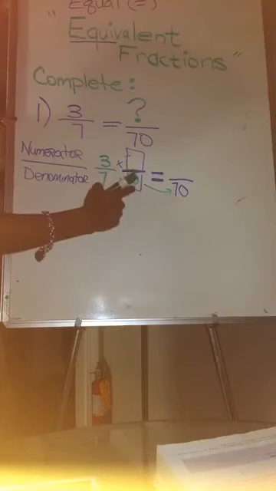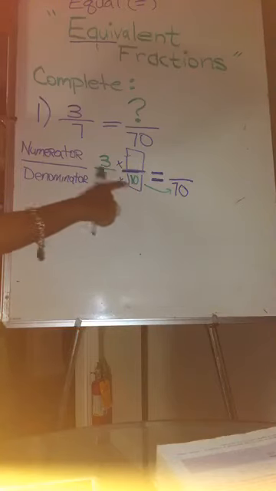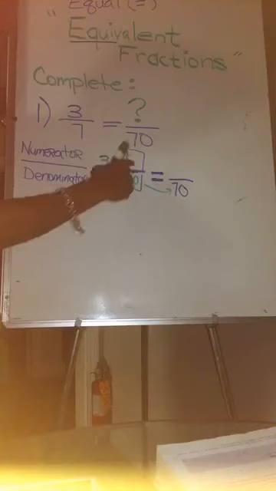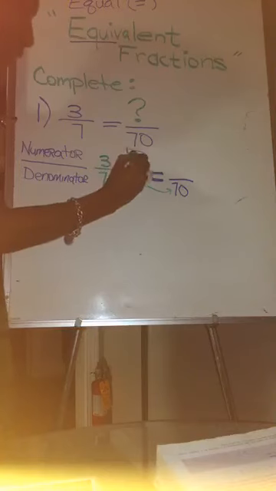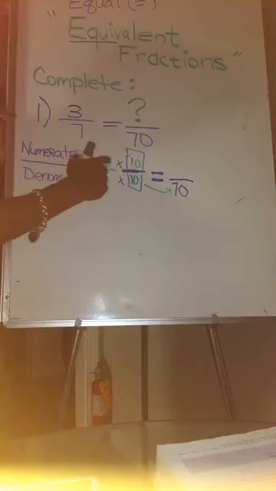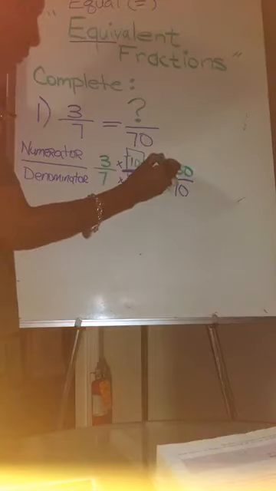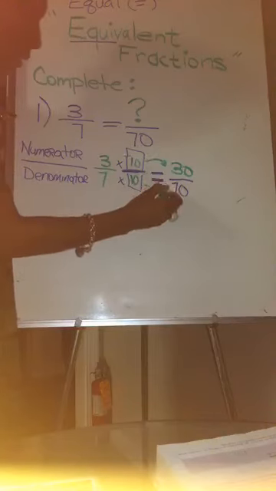So whatever number we use in the denominator, we must use it in the numerator. So we have to put 10 here. All right, so 3 times 10 is 30. So 3 times 10 is 30, okay?